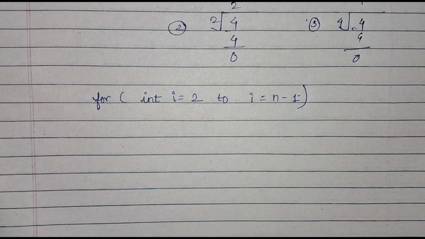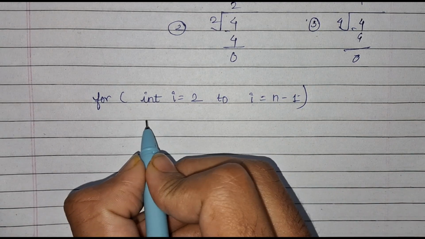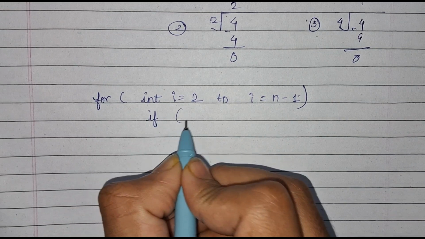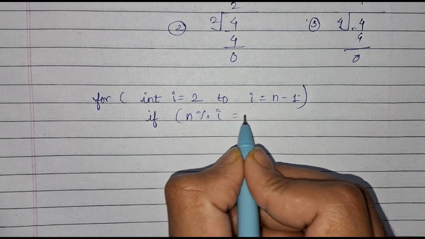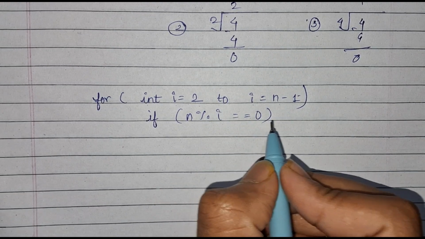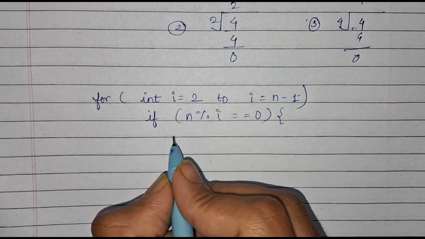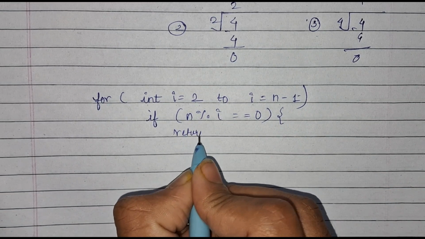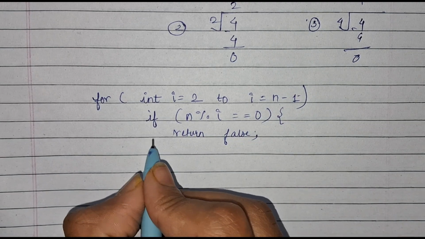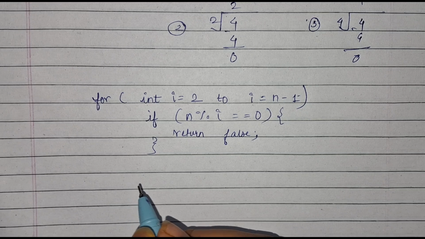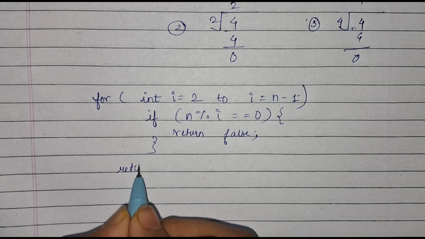If that number is completely divisible by i, with remainder 0, then it is not a prime number, and we return false. Else we return true.